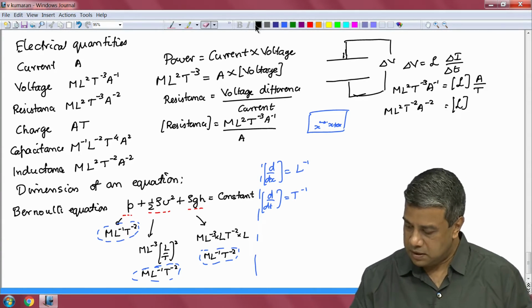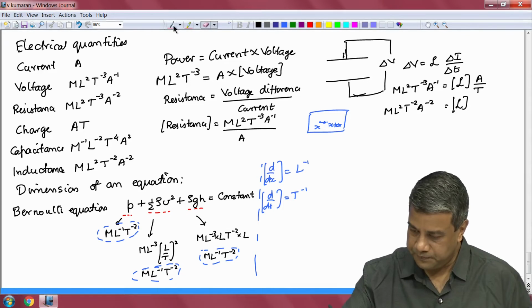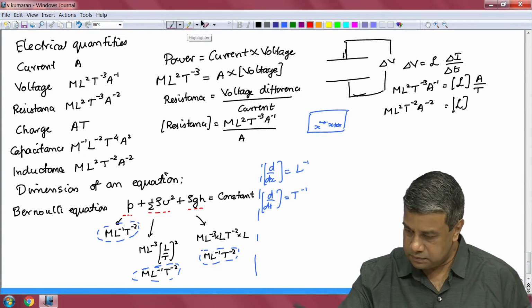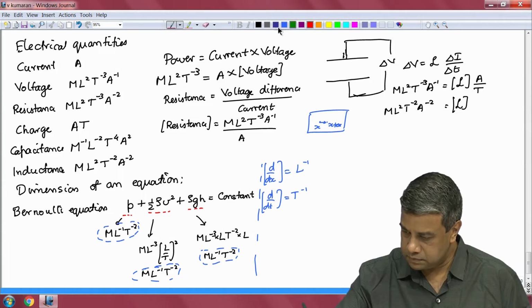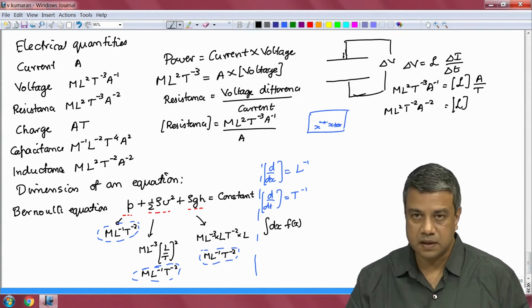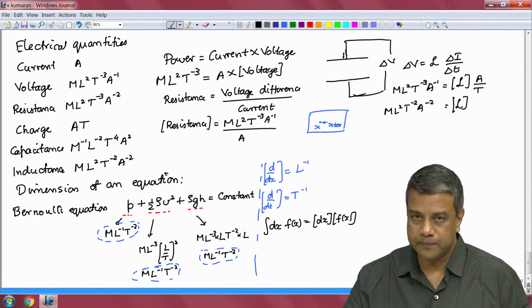Similarly, integrals also have dimension. The integral of dx times f of x has the dimension of dx times the dimension of f of x.